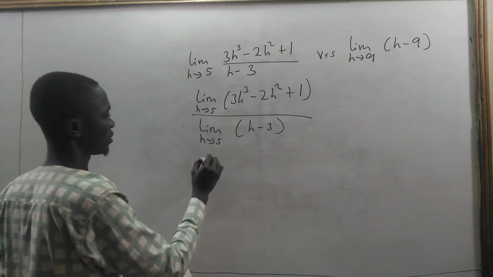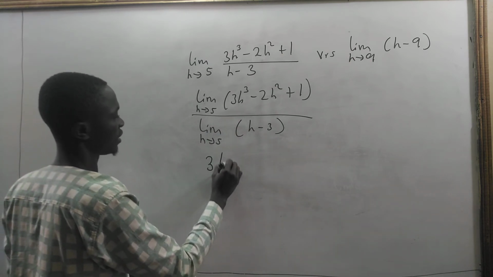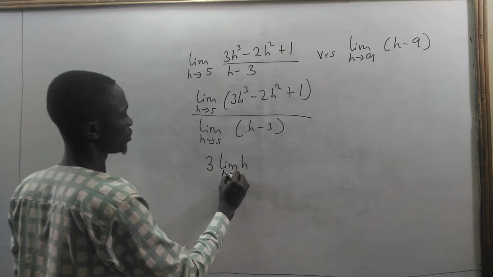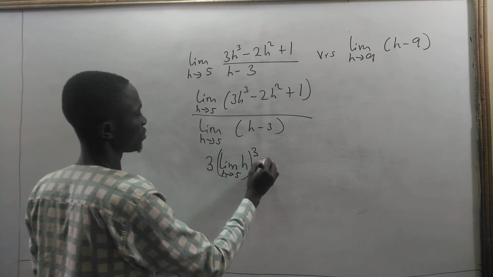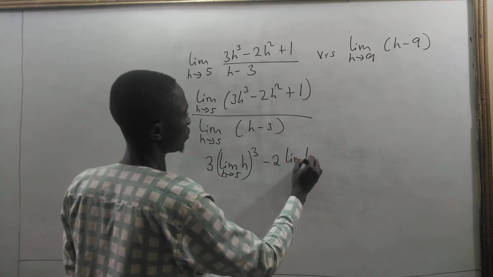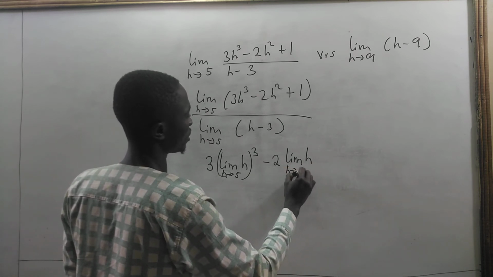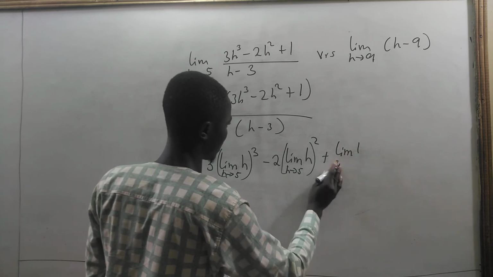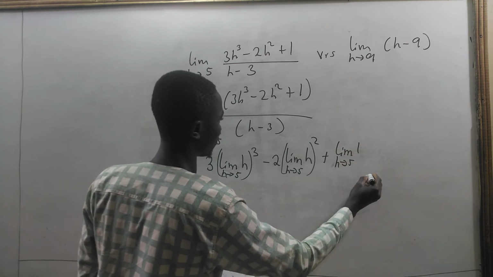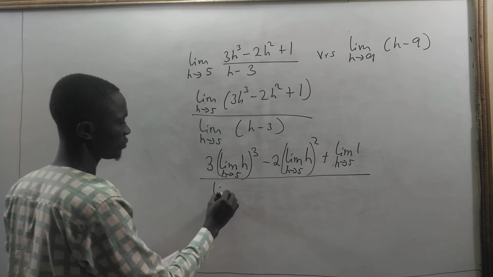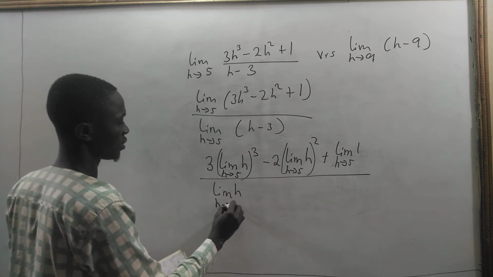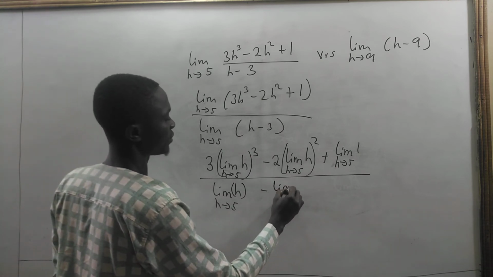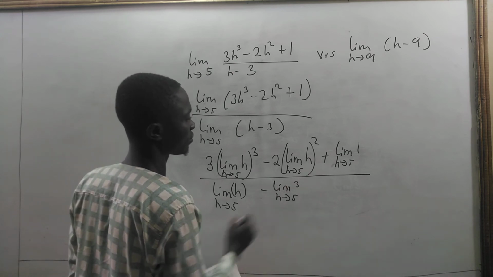So this one will give us 3 times the limit of h as h approaches 5, all cubed, minus 2 times the limit of h as h approaches 5, all squared, plus the limit of 1 as h approaches 5, divided by the limit of h as h approaches 5 minus the limit of 3 as h approaches 5.